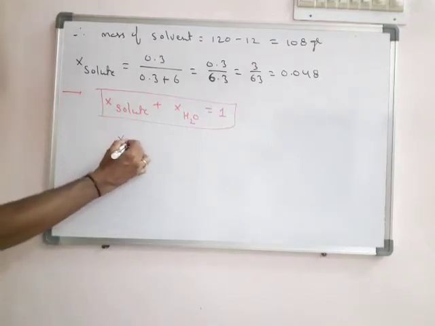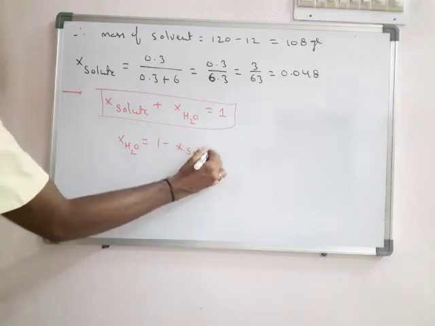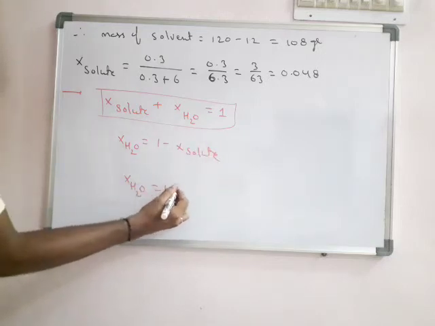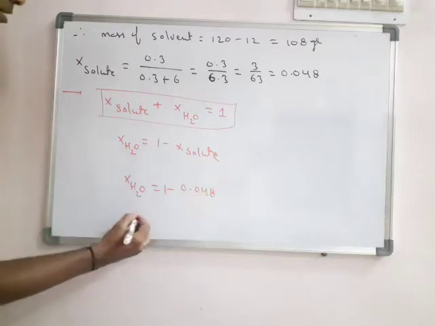Therefore, to find X of water, that is equal to 1 minus X of solute. 1 minus 0.048.